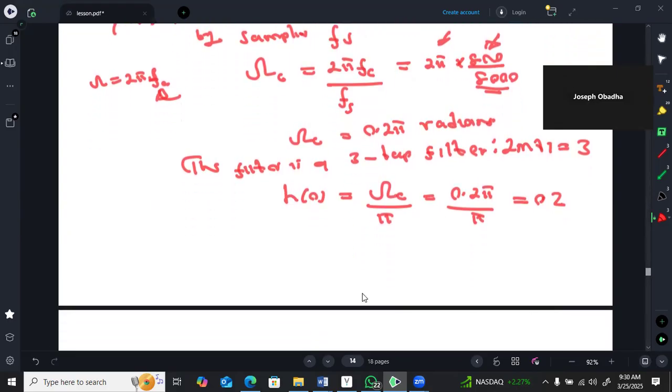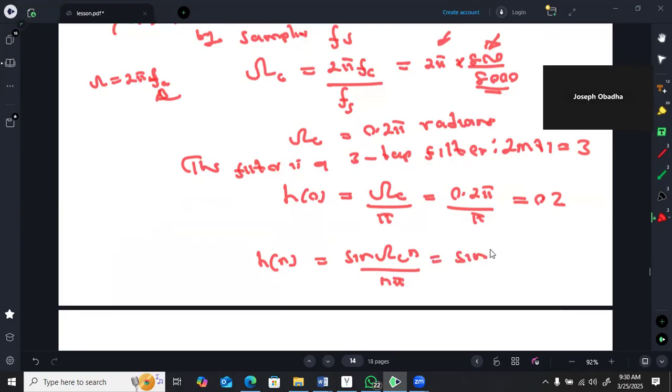Then for the other values, we have h of n equal to sine omega c n over n pi, which is equal to sine 0.2 pi n over n pi.